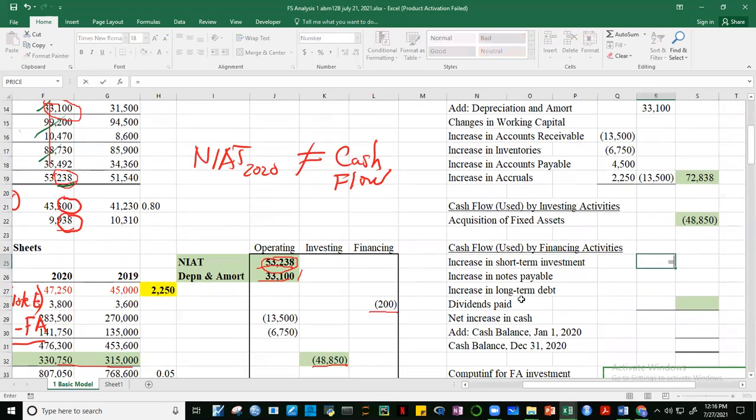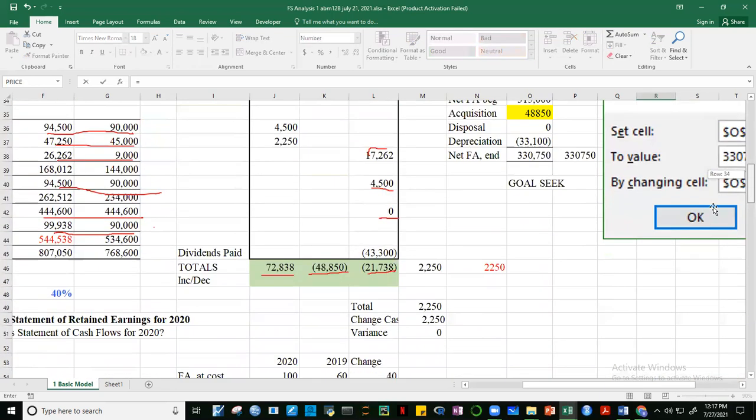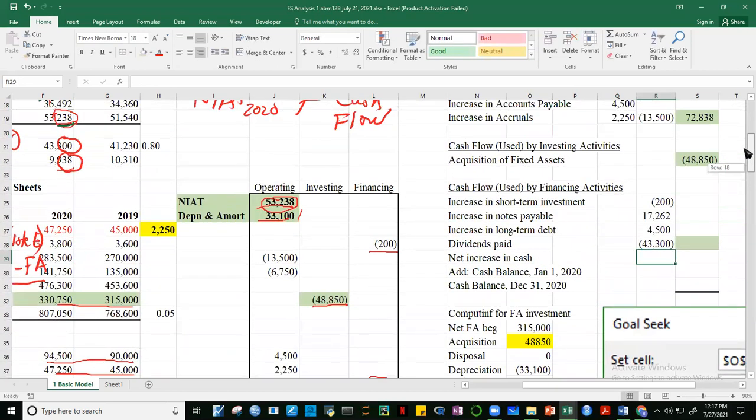Okay, increase in short-term investment, ito yon. And then, ito, so that's your increase in notes payable, increase in long-term debt. And then the dividends paid, 43,300.